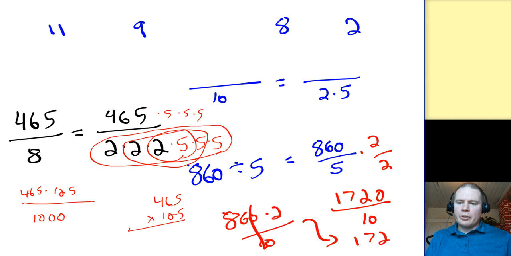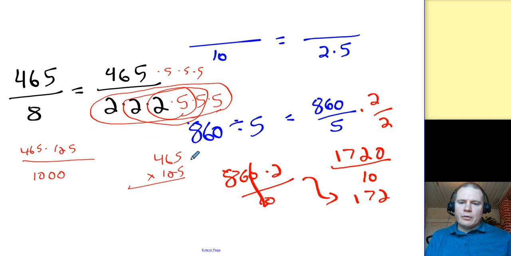This might take a minute. 5 times 5 is 25. 5 times 6 is 30 plus 2. 5 times 4 is 20 plus 3. Move over. 2 times 5 is 10. 2 times 6 is 12 plus 1 is 13. 2 times 4 is 8. 8 plus 1 is 9.